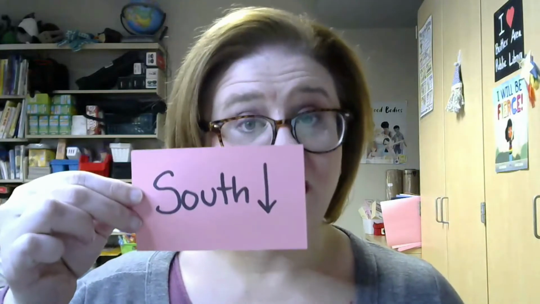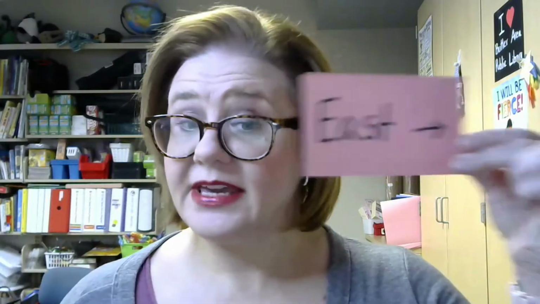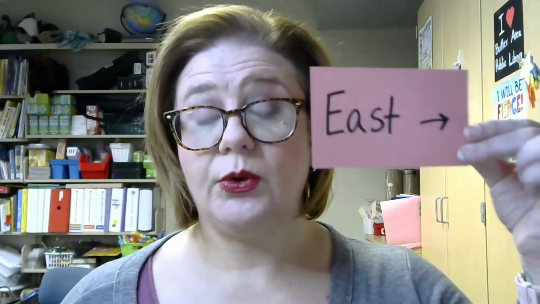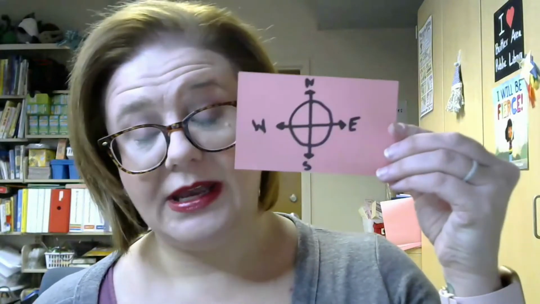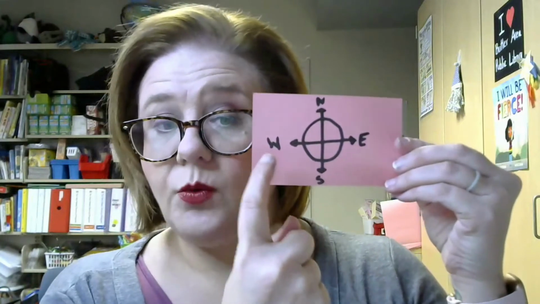We have south, which goes down on the map. We have east, which goes to the right on a map. And we have west, which goes to the left on a map. So a compass rose is situated like this. You've got north, south, east, and west.